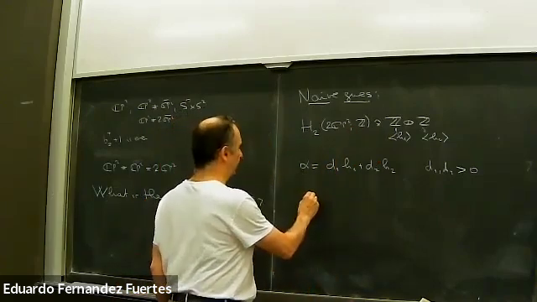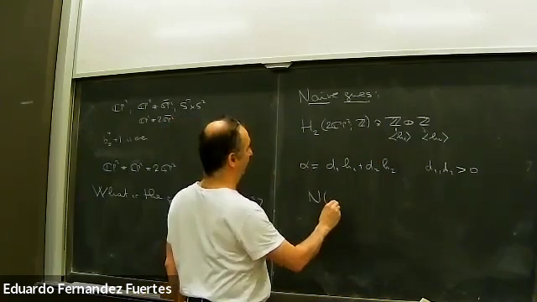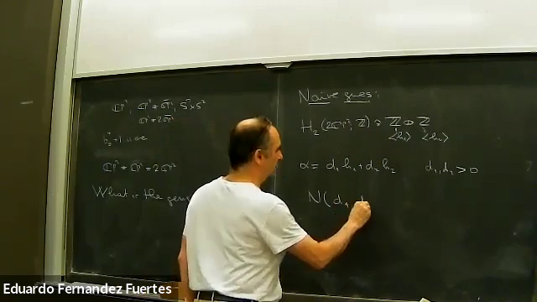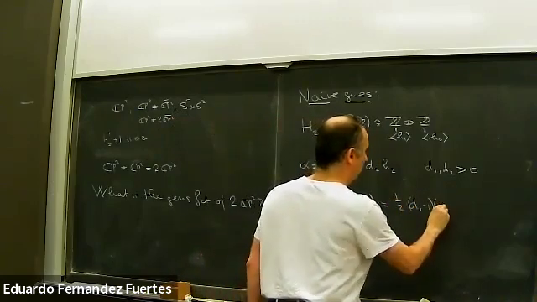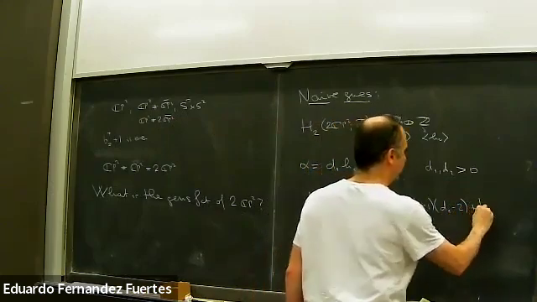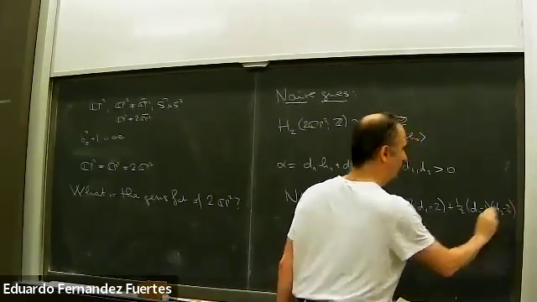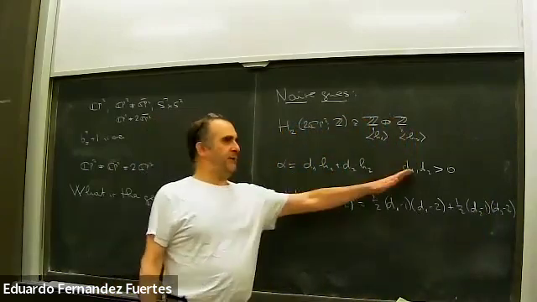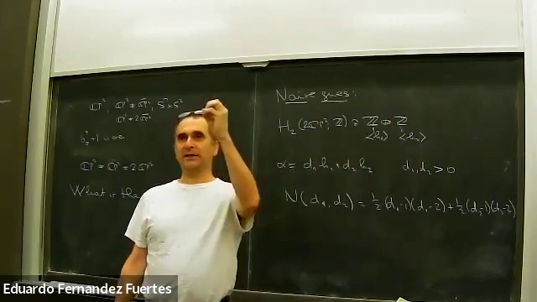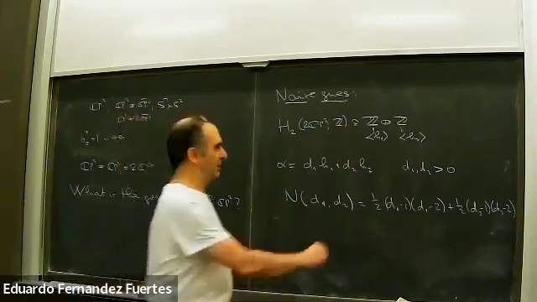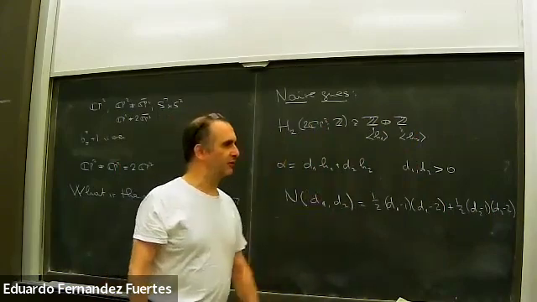So the naive guess, let's call it N of D1, D2, is just 1/2 (D1 minus 1)(D1 minus 2), plus the same with D2. If one of them is 0, the formula is a little different, because for the 0 class you expect a sphere, but this product would give you 1, so you modify it in this way.